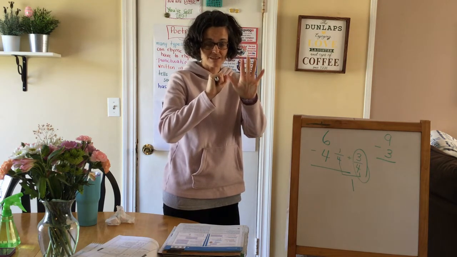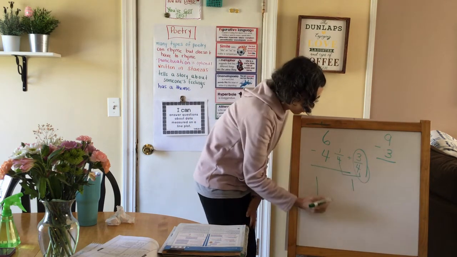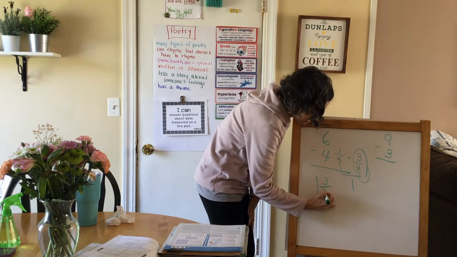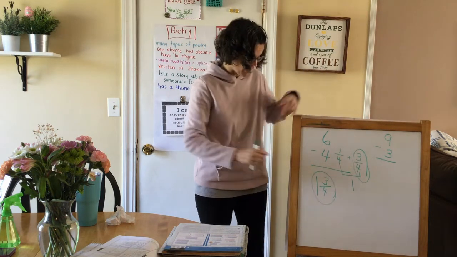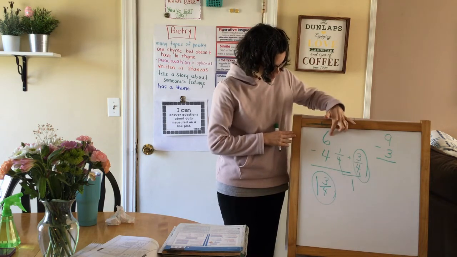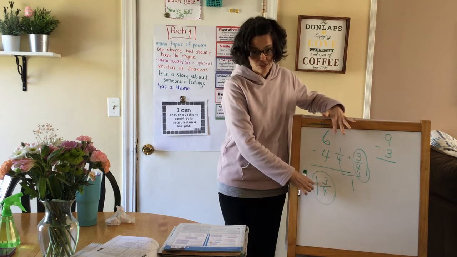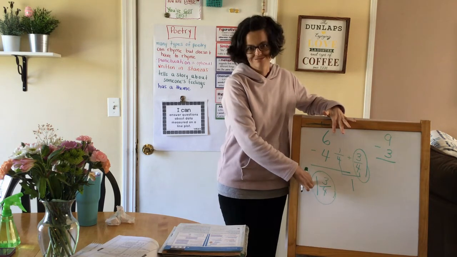Then, to get to 6? Just 1. So what did I count up? 1 whole plus 3/4. So when I subtract, I get 1 and 3/4. So the difference between the tallest patient and the shortest patient is 1 and 3/4 of a foot.